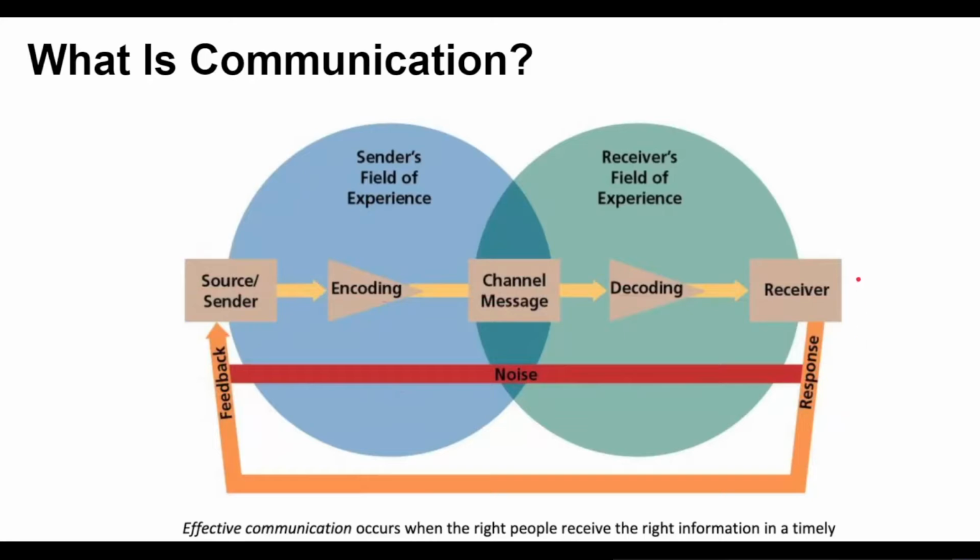This could be literally noise or figuratively noise. Literally noise, Mackenzie has the problem of the dog snoring. Man, is that dog ever snoring loudly? And she can't hear what I'm saying on the speaker. So the dog is interfering with the receiver's ability to hear, in this case Mackenzie's. So there's an example of noise.